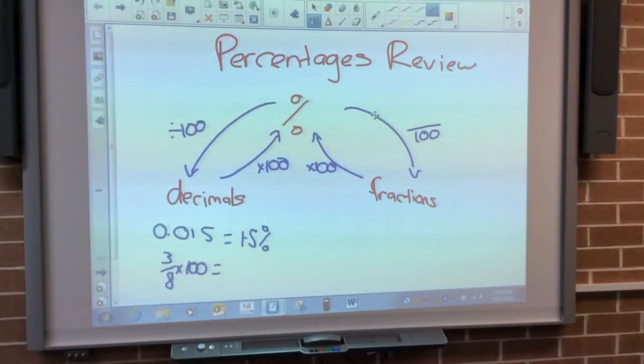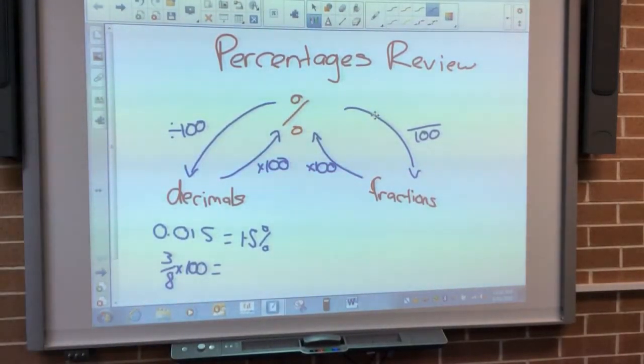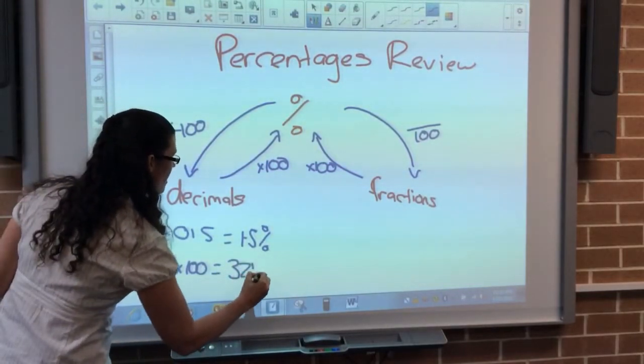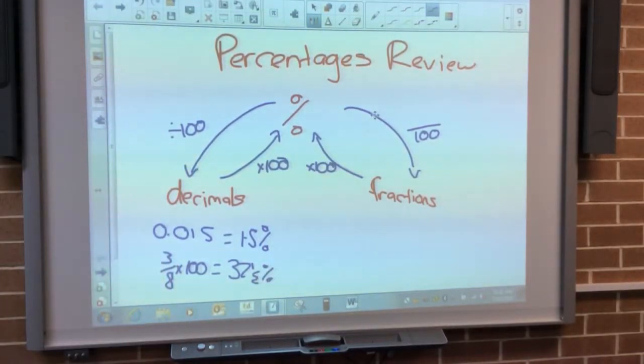Okay, 3 on 8 times 100, what do I end up getting? 37.5. 75 over 2 is an unusual way to say percentage. Okay, we prefer to say 37.5%, even though that is correct as an improper fraction. Okay, so we say 37.5%, they're fine.